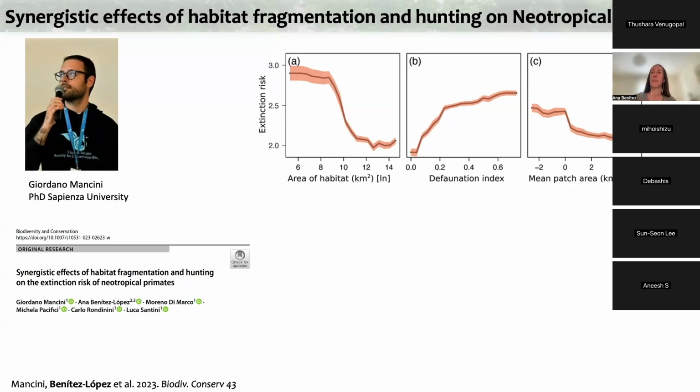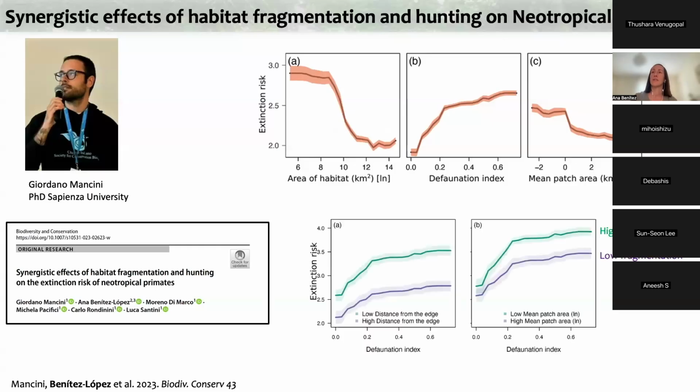smaller and smaller. And the main takeaway here is that the combination of habitat fragmentation and hunting pressure can have synergistic effects on extinction risk, which is what we see here. So extinction risk is higher with more fragmentation than with low fragmentation. But when the hunting pressure is low, there's barely any difference between areas that are very fragmented or not.